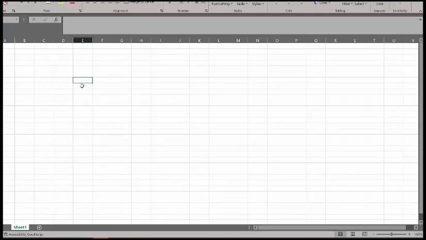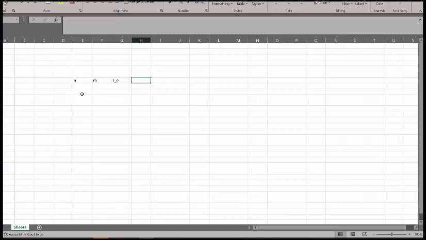Okay, so because I am varying the number of compounds, I'm going to type an N right there so I know what goes in that column heading. The next thing I need to know is the effective interest rate. So we'll put the RE right there, effective rate.